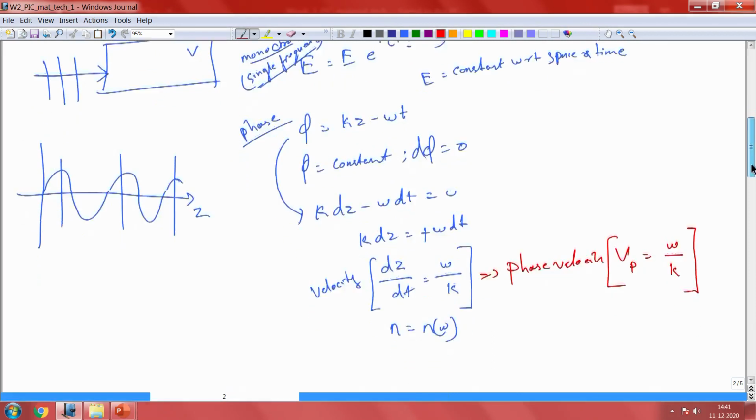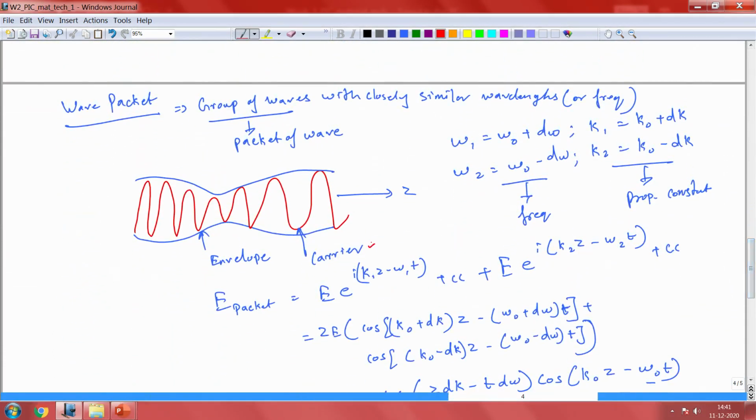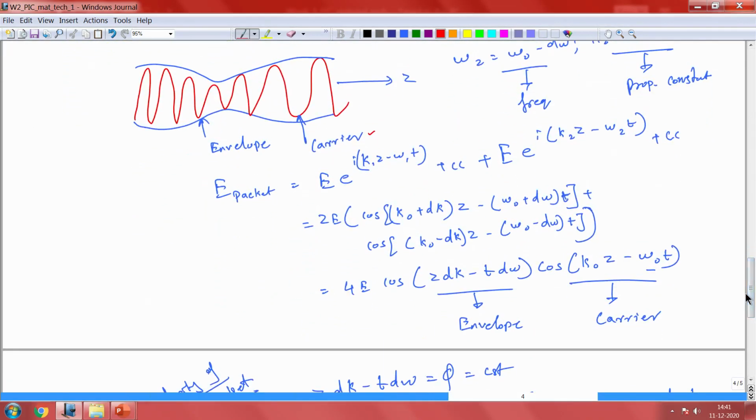In this case, it is not about the carrier. You have a carrier at omega naught, but the energy is not carried at the speed of this wave of frequency omega naught. It is carried at the speed of the envelope itself. That is going to be a difference here.